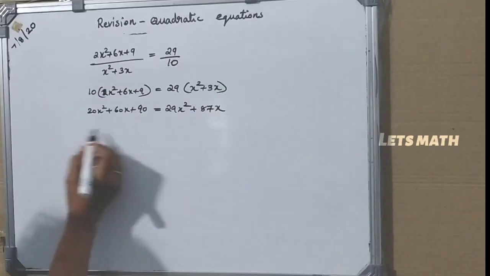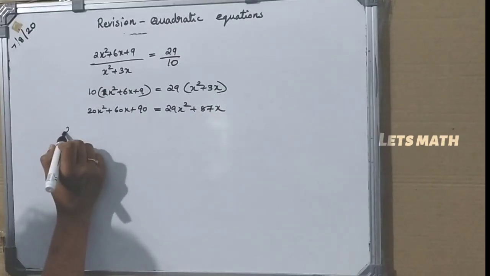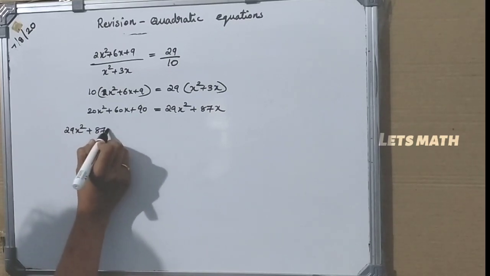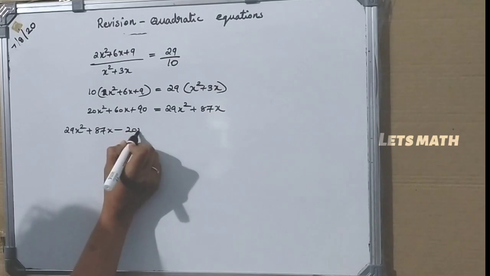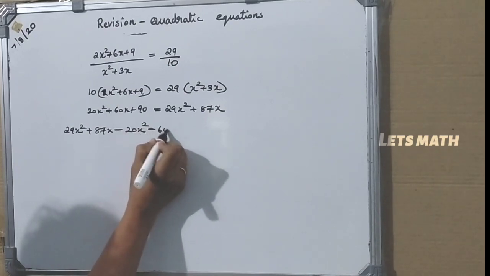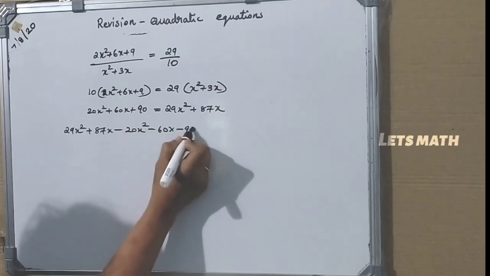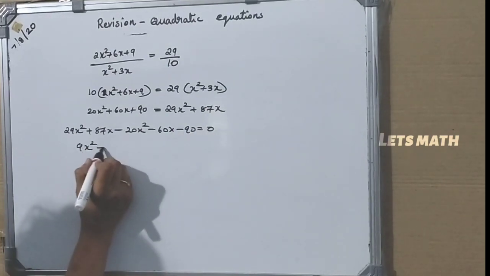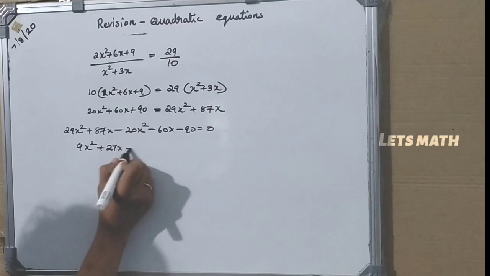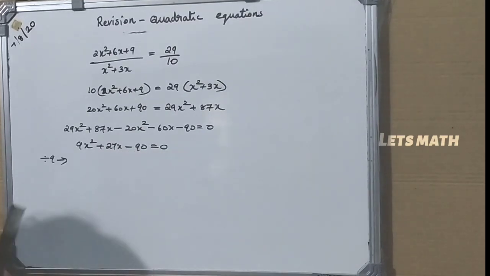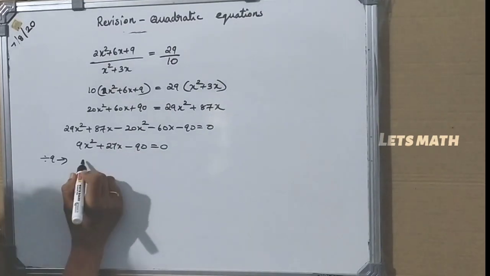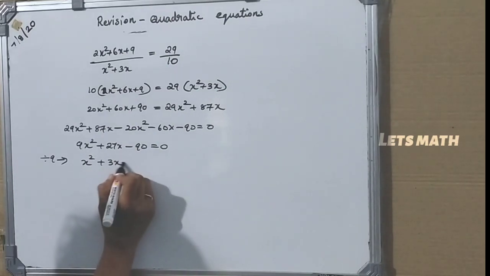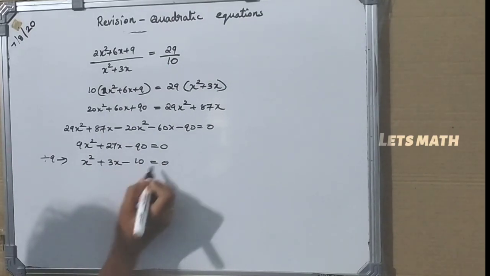Now rearranging it in the standard form, transposing the terms, we get 9x square plus 27x minus 90. Now we divide throughout by 9, we get x square plus 3x minus 10 equal to 0.